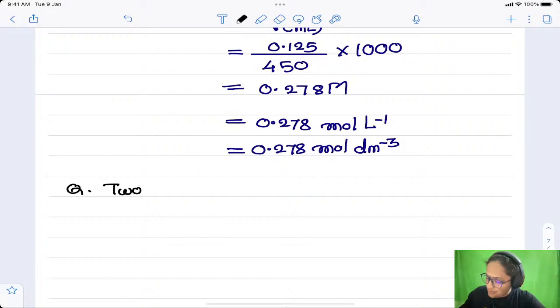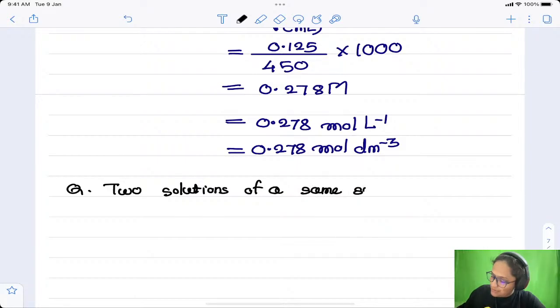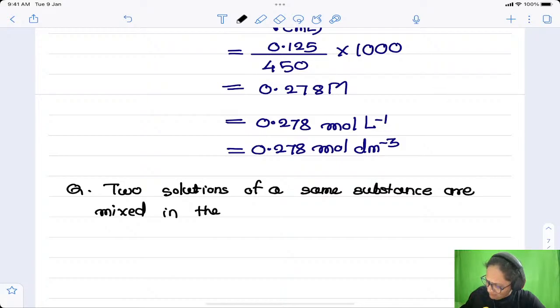Two solutions of the same substance are mixed in the following manner.